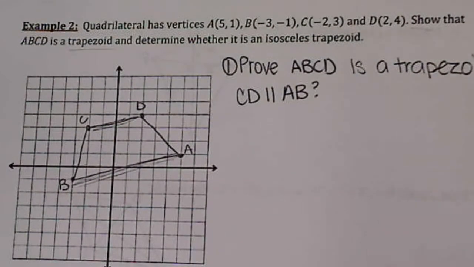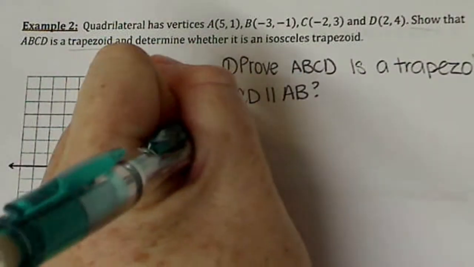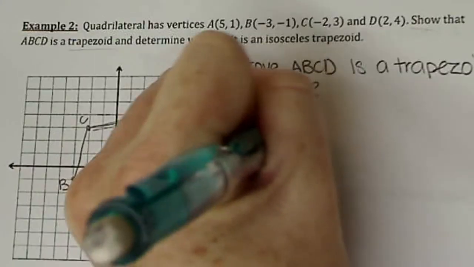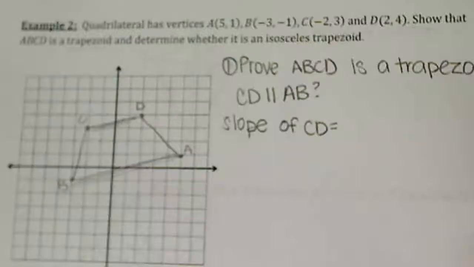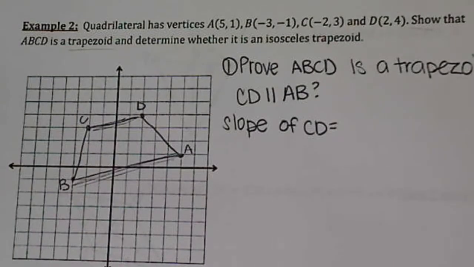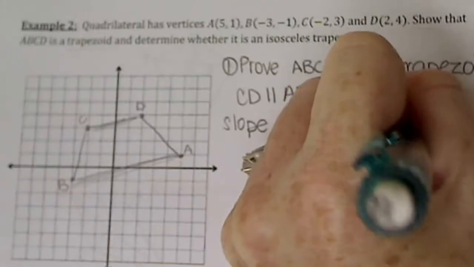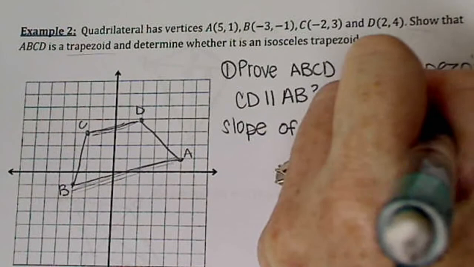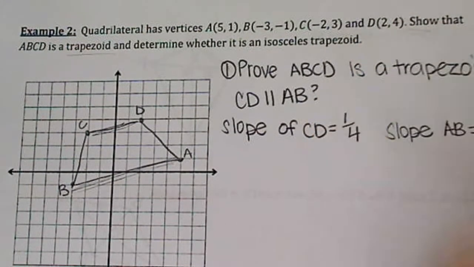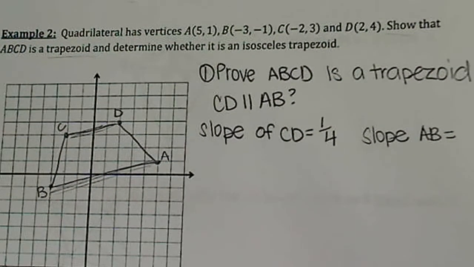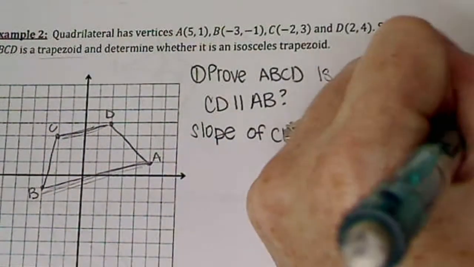Well, let's check it by checking the slope. The slope of CD is 1/4. Very good. What is the slope of AB? It's also 1/4.